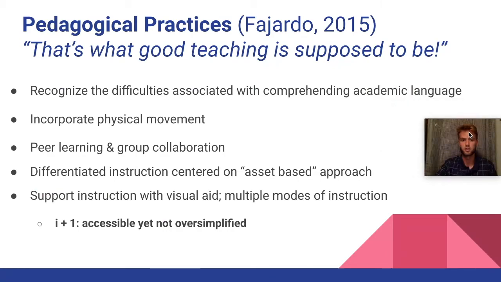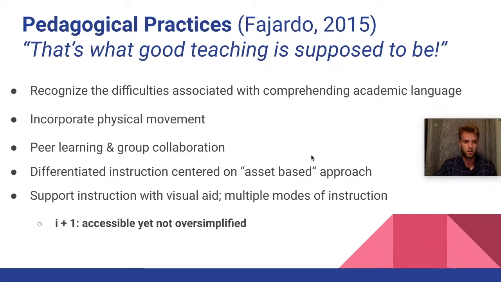And the first one is understanding that the students are learning academic language at the same time that the content is being taught. This is not necessarily what good teaching is supposed to be, because English learners need further support with grammatical and phonological aspects of the language, and knowing that just interaction or exposure to it through osmosis is not sufficient.